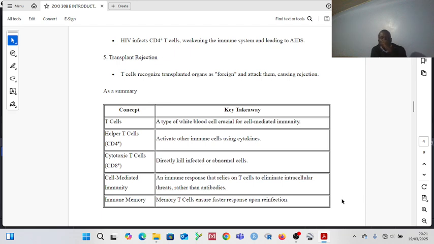Then now the development of the immune memory is when memory T cells will remember whatever it is that has infected you in the past, so that whenever there is a reinfection, there can be a faster response. Okay? That's about T cells and cell-mediated immunity.